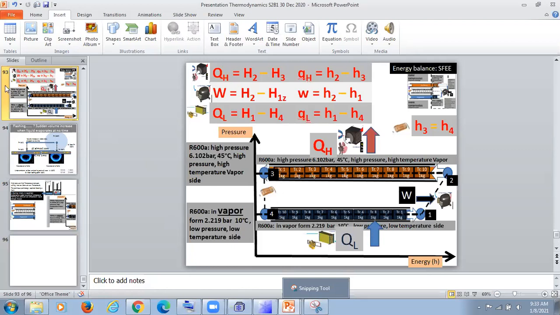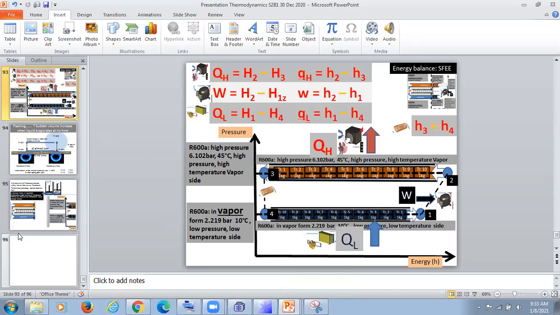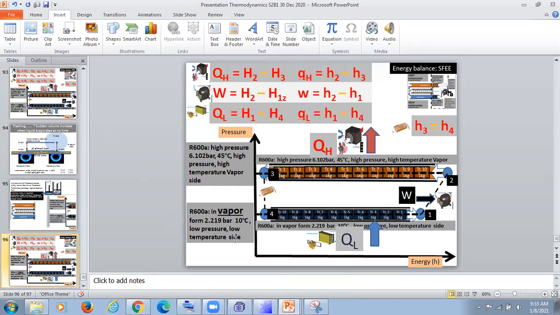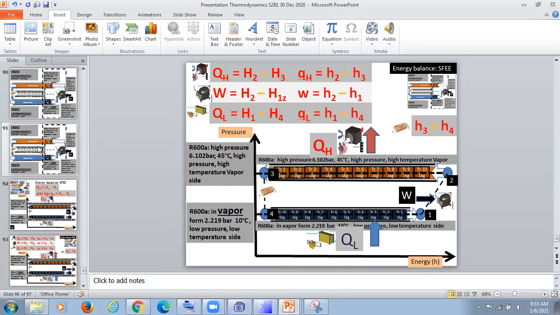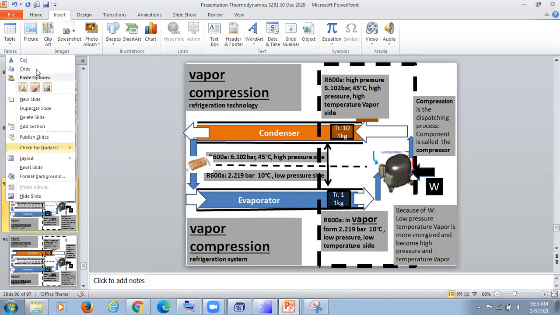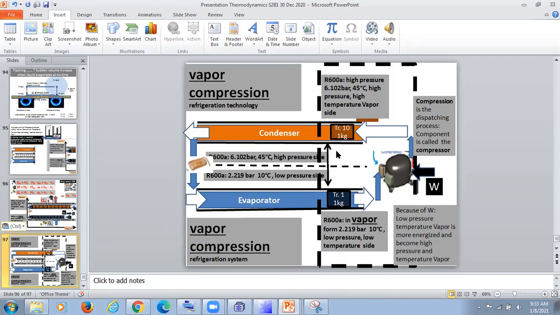If I take this, you can see in this example, the complete one, this one. Two components. One is the dispatching.